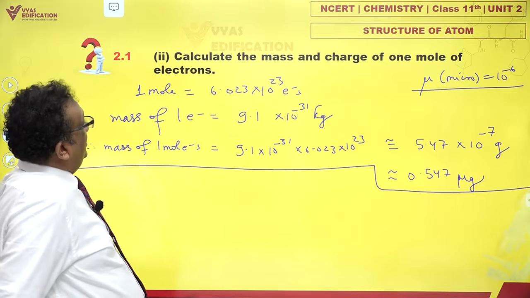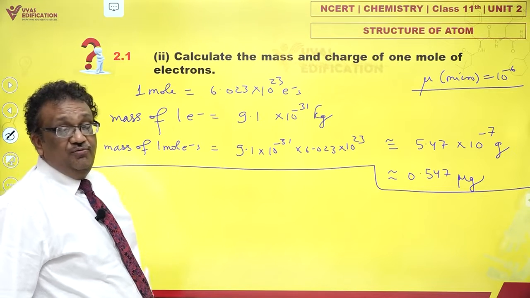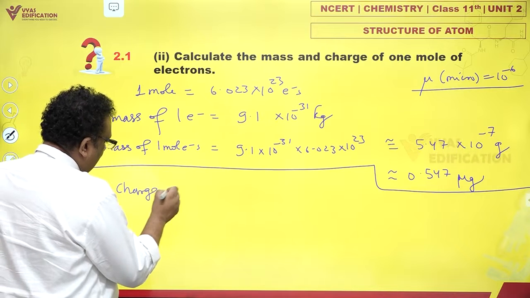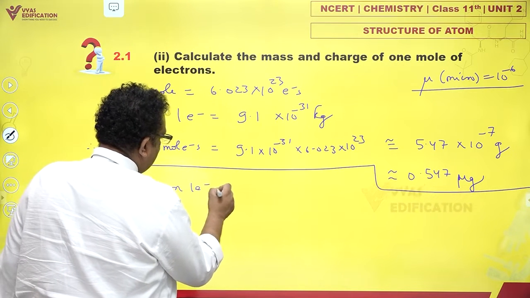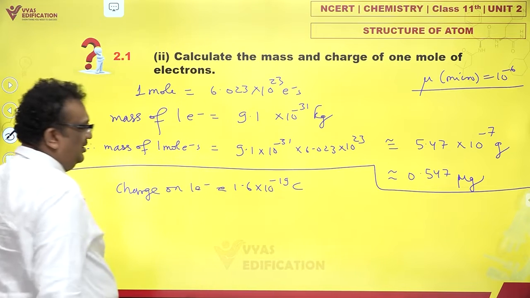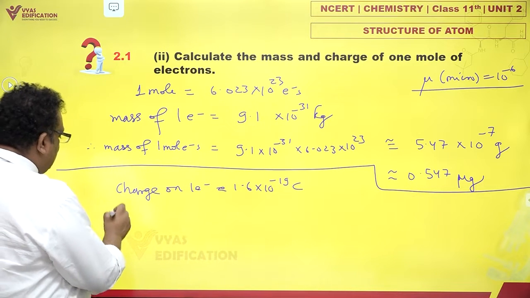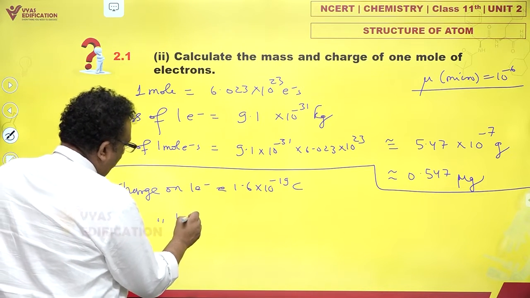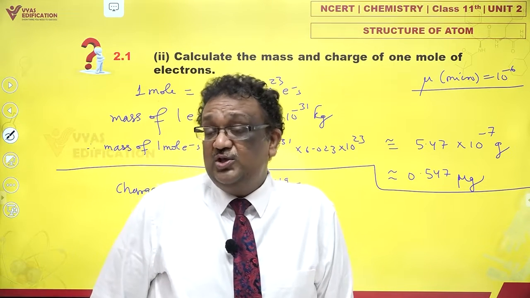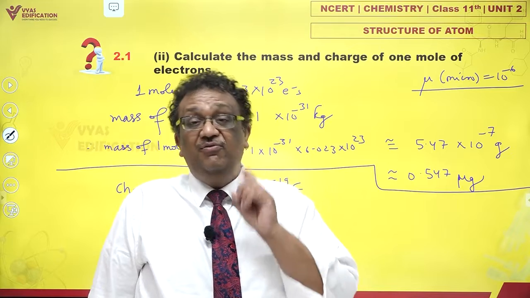Yups. Let's see. What about charge of 1 mole electrons? Now, charge on 1 electron is 1.6 into 10 raised to minus 19 coulombs approximately. So, charge on 1 mole electrons, it also has a special name. It is called 1 Faraday.